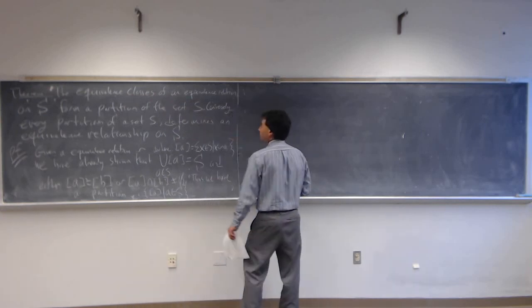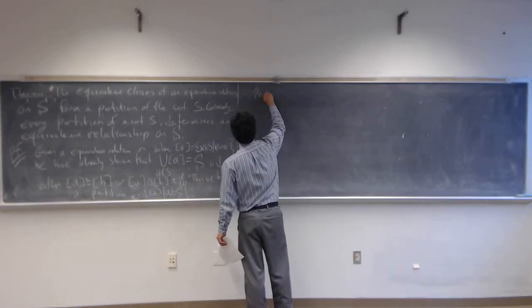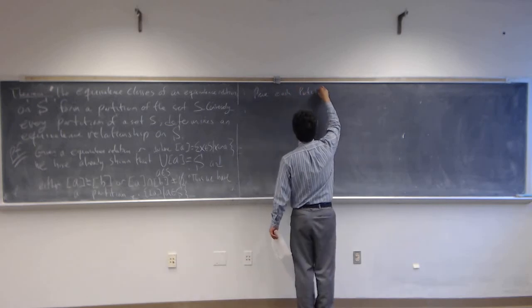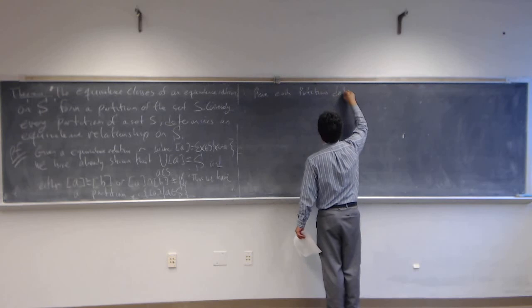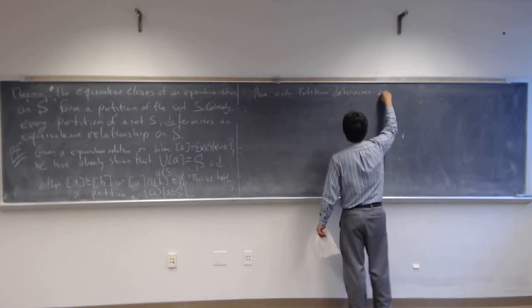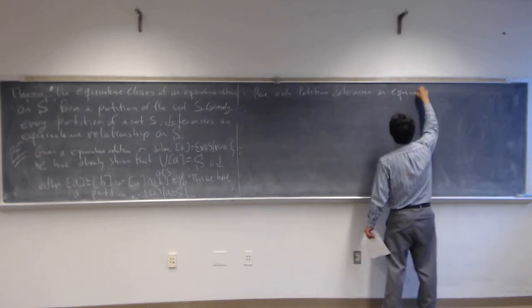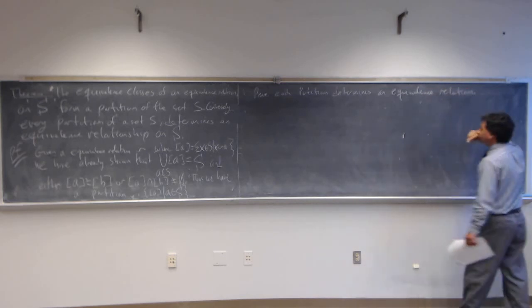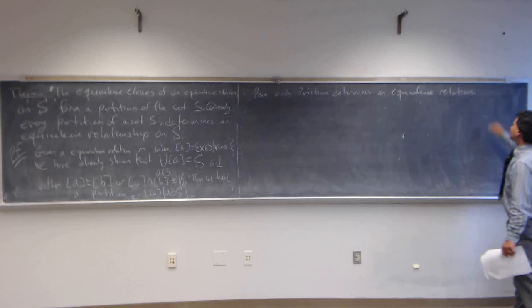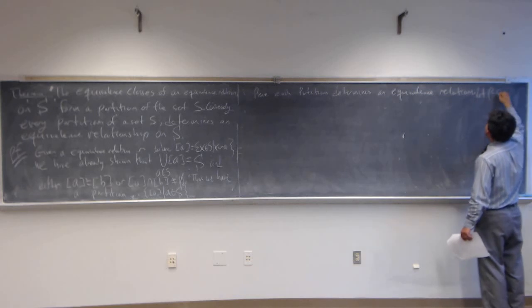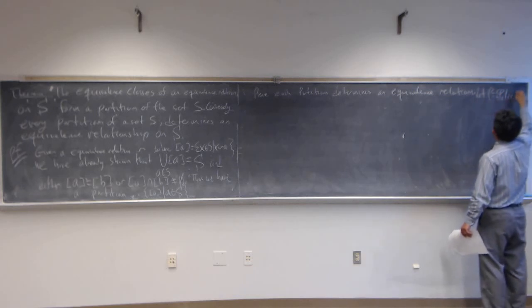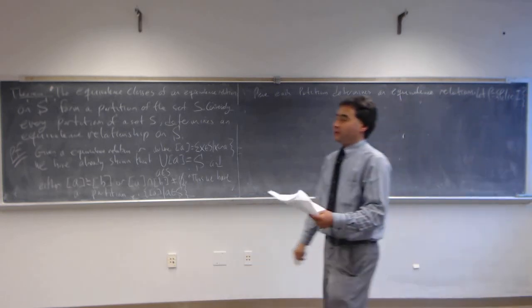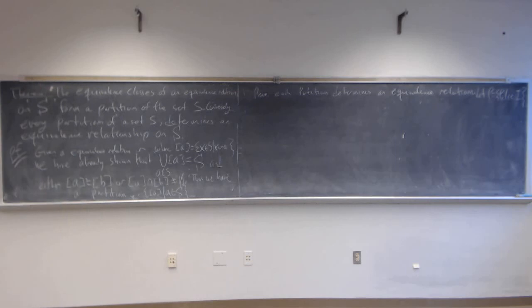What about the opposite implication? Now we want to prove each partition determines an equivalence relation. So let P, consisting of these P_i's where i goes through some index set, be a partition. The P_i's are just the elements of the partition.